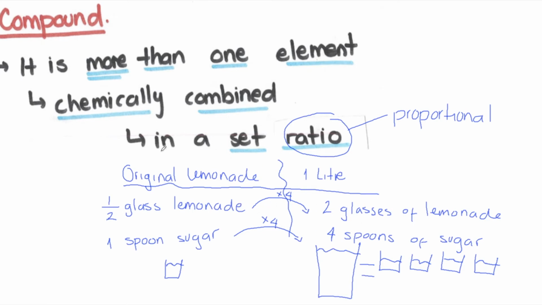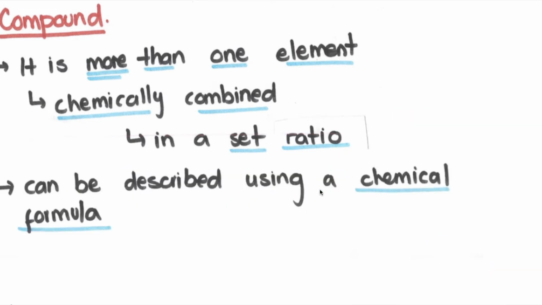That's what we mean by a set ratio. So taking that into account, a compound is more than one element chemically combined in a set ratio, so I have a set proportion of ingredients, and it can be described using a chemical formula.